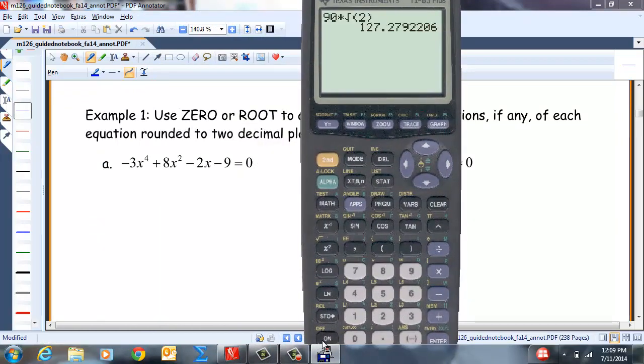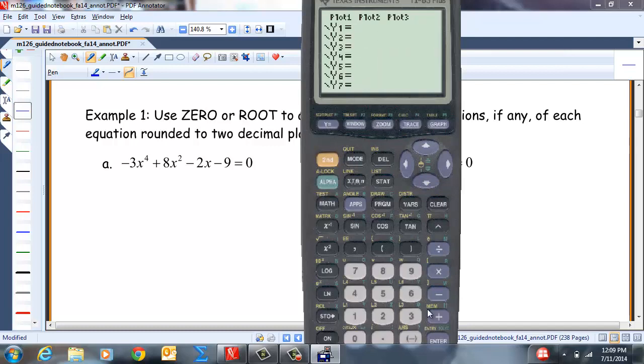So let me clear this, and we'll clear this. I'm going to make sure I'm at Zoom standard to start out with, and we'll go to y equals.